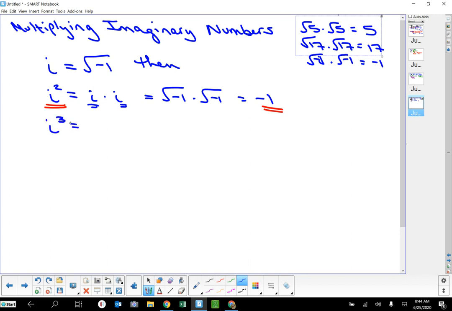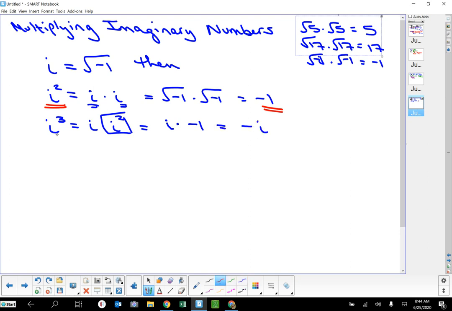All right, let's go to i cubed. i cubed is i times i squared. Well, we know i is just an i, and i squared, we just said, is -1. And so this is -i.